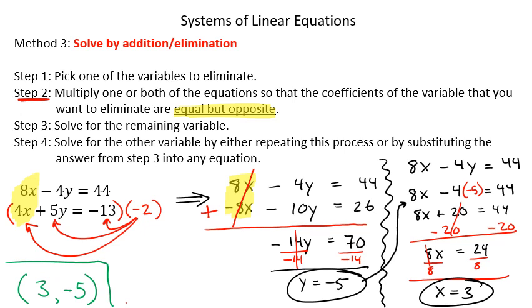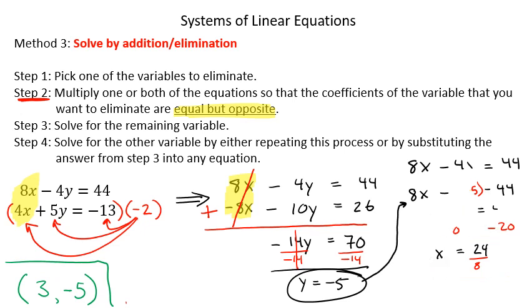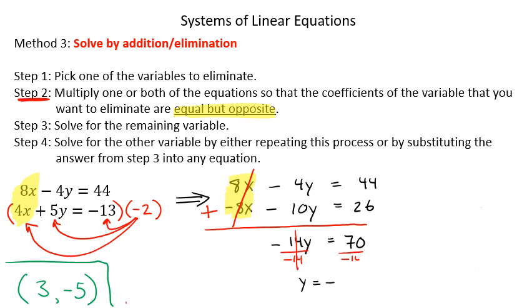Now, let me go through this one more time very quickly. I'm not going to do the whole problem again, but I'm about to erase what's on the screen right now, all except the answer. We're going to keep the answer. But I'm going to go ahead and get rid of all of this work. And I want to go back to something I said at the very beginning, step 1.